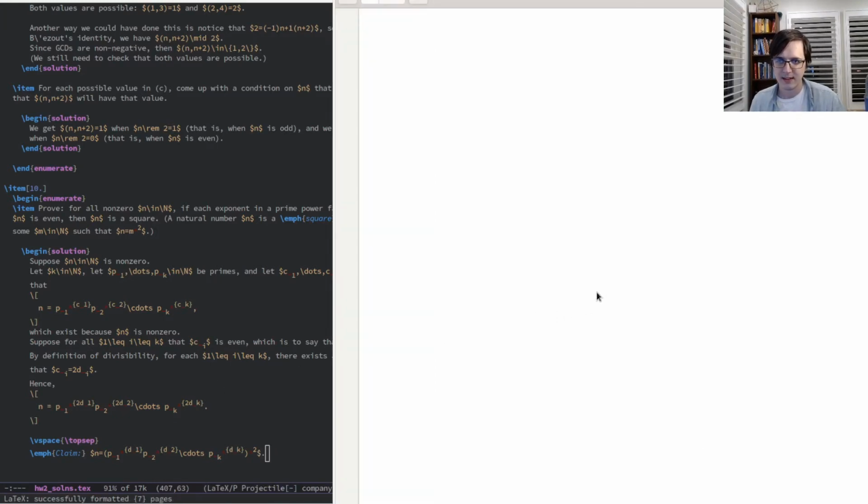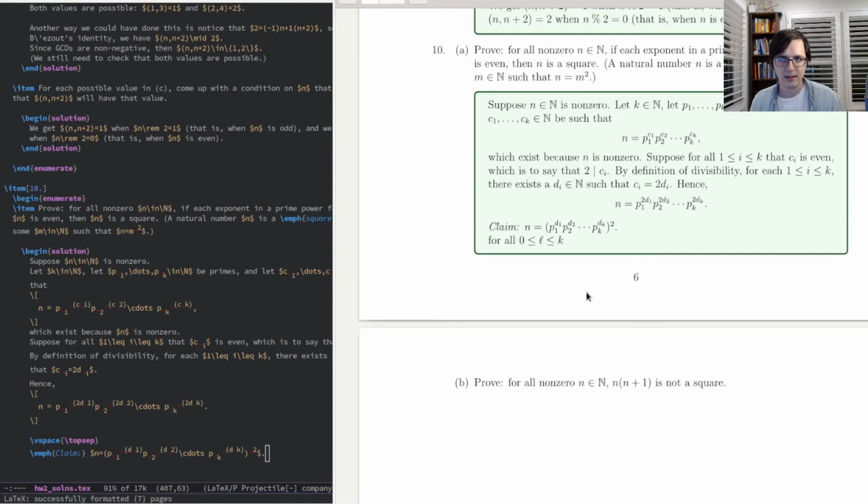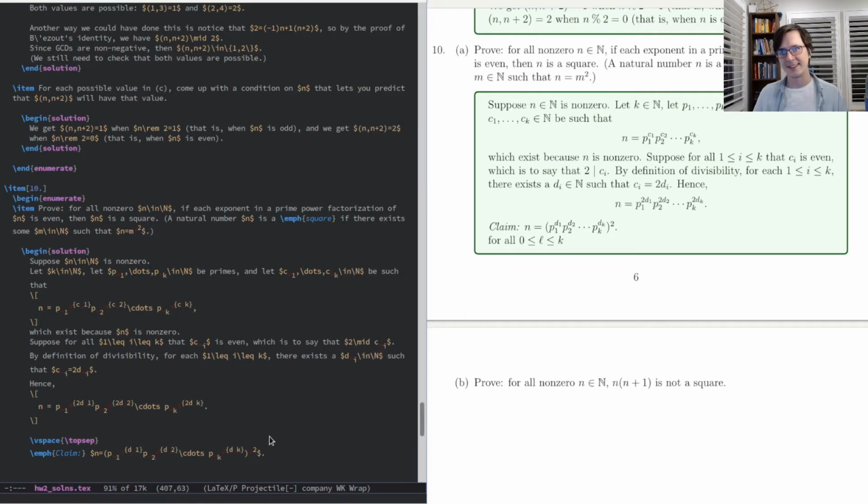This is the claim, that we can take all these 2's and pop them out. And like, we technically need to do induction for this. Because what does that dot dot dot even mean?